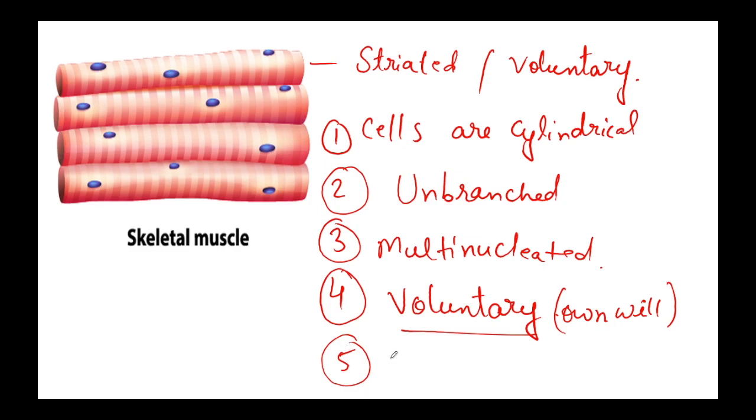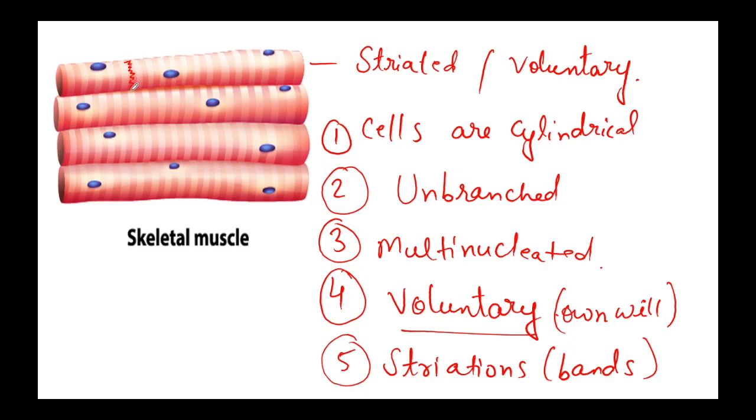So those type of muscular movements are voluntary. It means you have your own will. Number 5 characteristic feature, they have alternate light and dark bands. Those alternate light and dark bands are known as striations. Yes, we can see in the diagram given here.